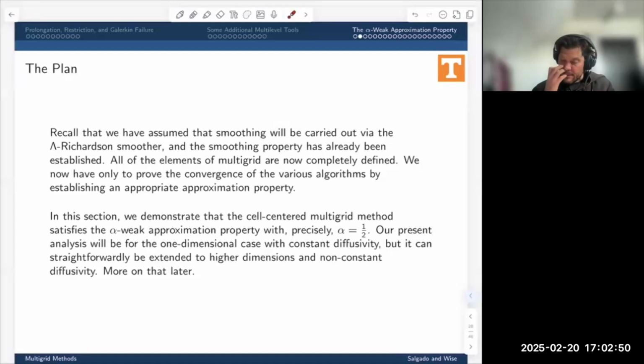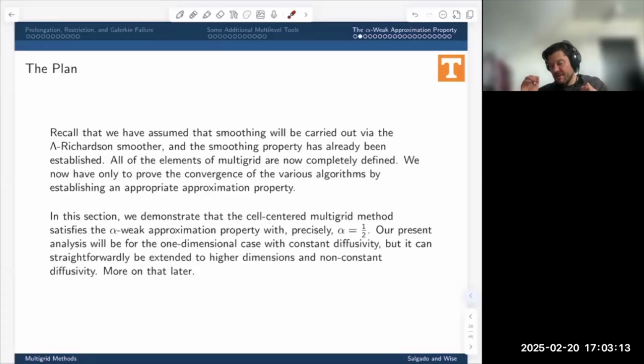The plan here is, we have our smoother in place. We know, or have said, that we're going to use the weighted Richardson smoother. We have our prolongation operator. We have our restriction operator. We know what the stiffness matrix looks like. We know that the Galerkin condition fails.